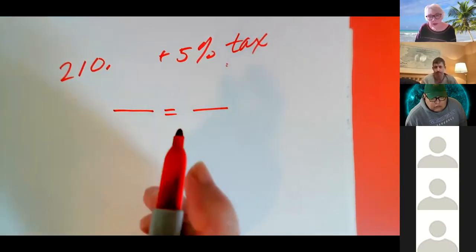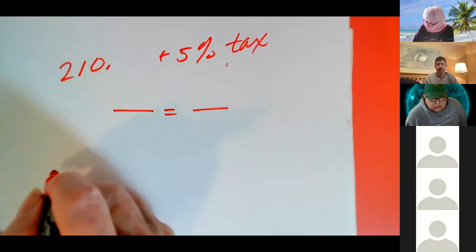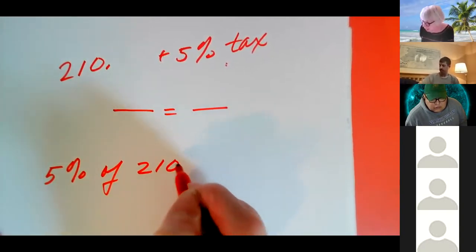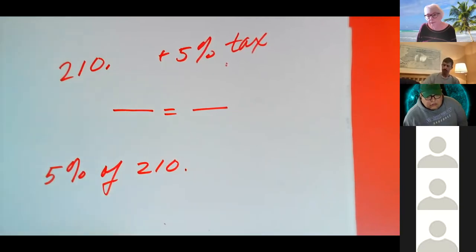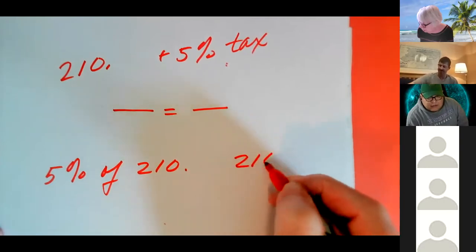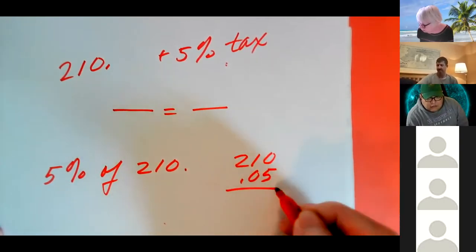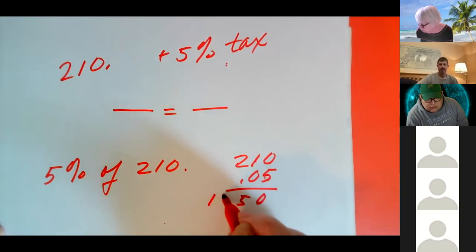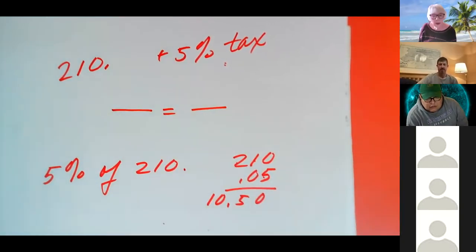We could do this just taking, I'm almost tempted, 5% of 210. That would also work. 10 times 0.05. Okay. That's what I'm getting that way.